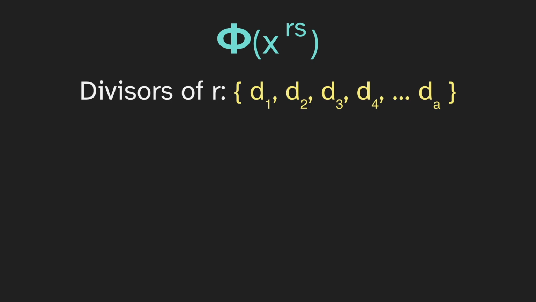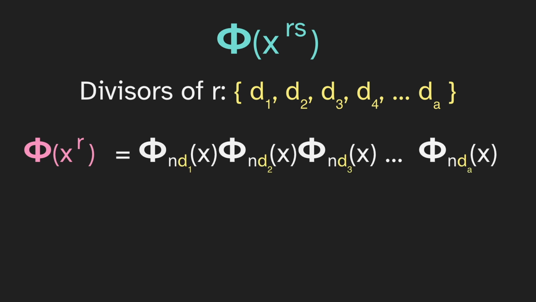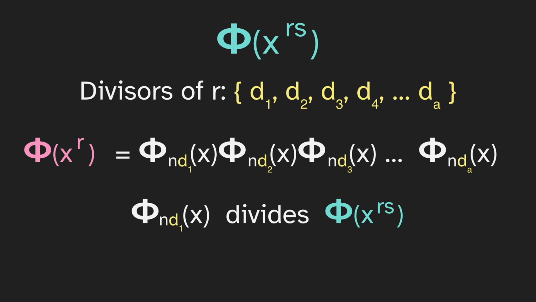So there's some set of divisors of r, which we'll call d1, d2, all the way up to dA. And phi of x to the r can be written as the product of phi nd1 times phi nd2 multiplied all the way through phi nda. These terms are special because phi nd1 divides phi of x to the rs.